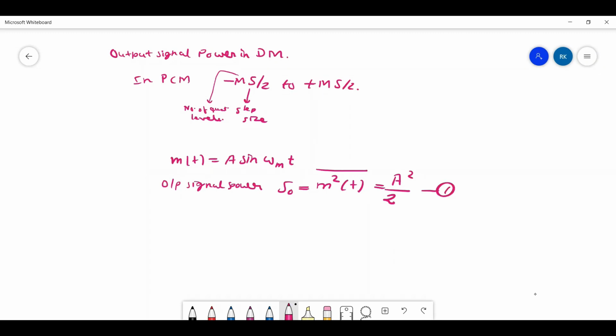The maximum slope of m(t) is what? The maximum slope of m(t) is omega m A. The maximum average slope of DM approximation in cap T is s upon tau. So there has to be a limiting value of A just before the start of the slope overload. So let's write two things here. Maximum slope of m(t) is what?